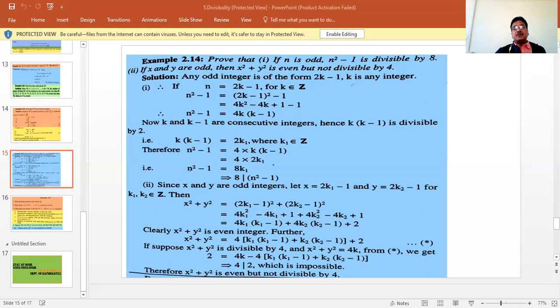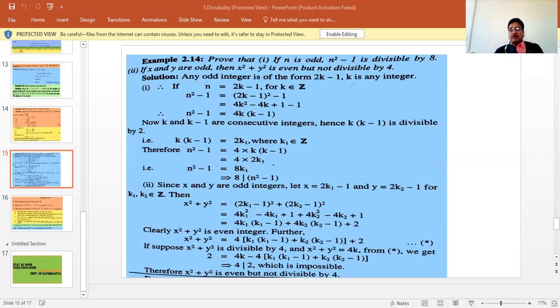That is, x square plus y square is expressed in the form 2 into some integer, and therefore 2 divides x square plus y square, so x square plus y square is an even integer because it is a multiple of 2.